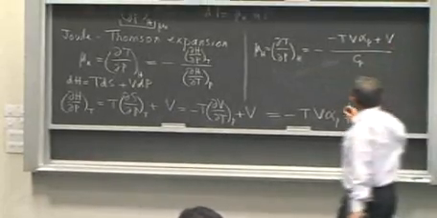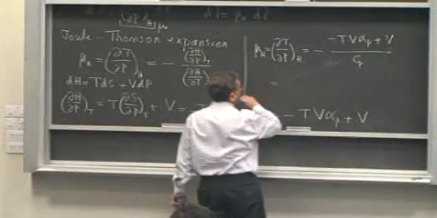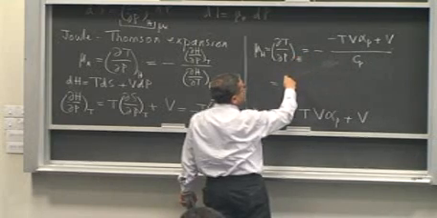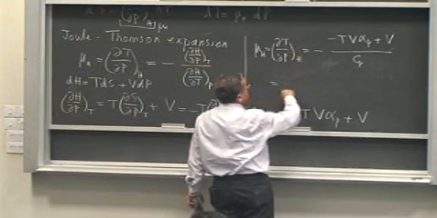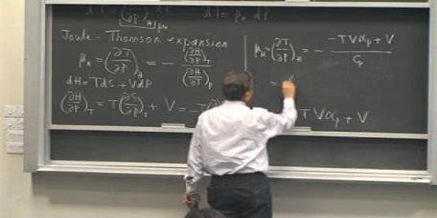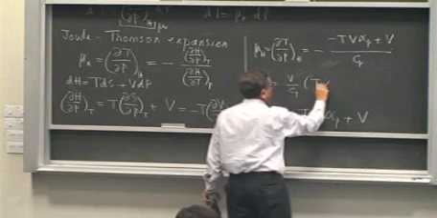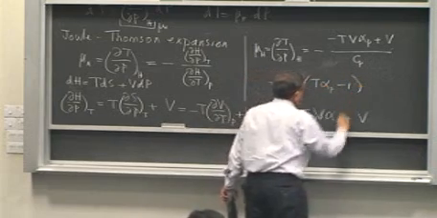Okay, and that is equal to, you take the minus sign and V out, V over Cp times T alpha P minus 1.